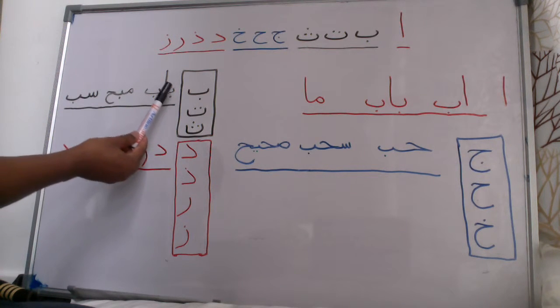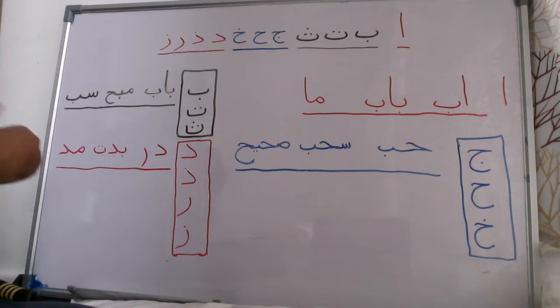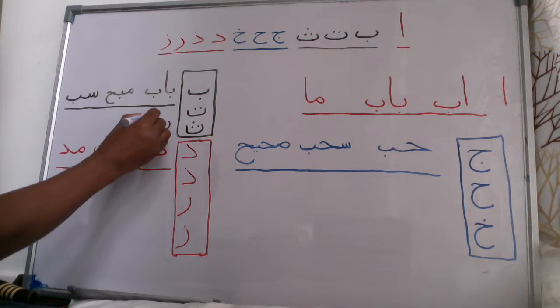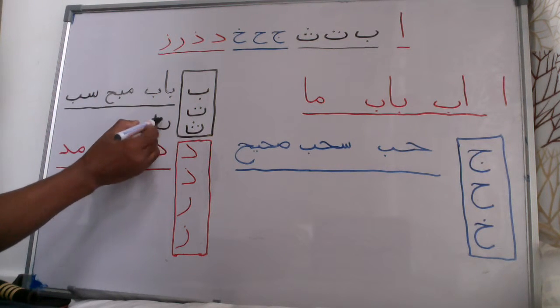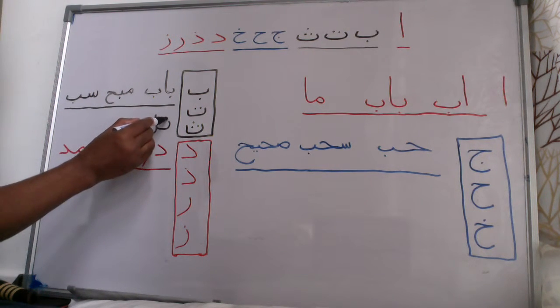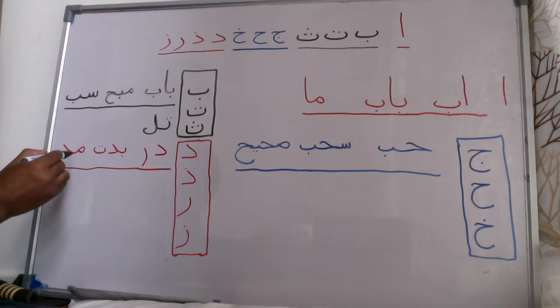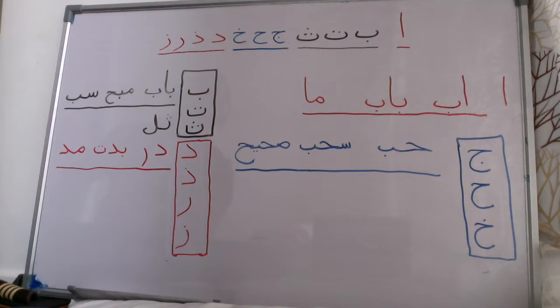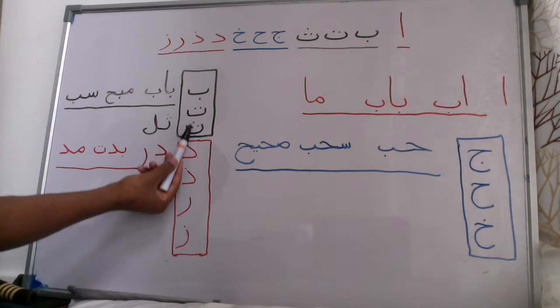If it's a ta or a tha, I'll show you how you would write that. So if this is a ta or tha, we would write the two dots here, and the three dots would be written like that, instead of in the middle here as a standalone letter.